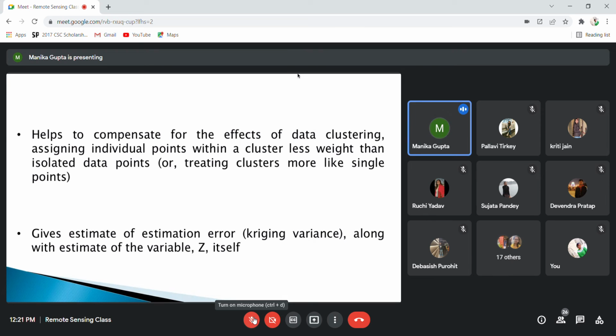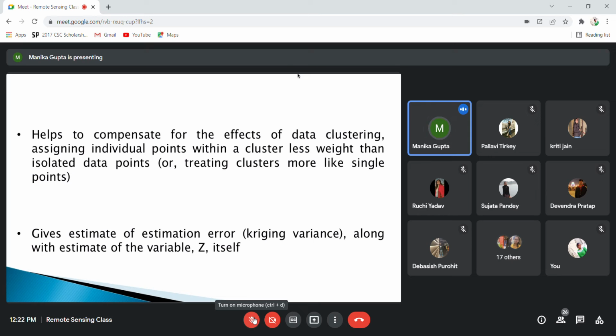Also, when we are talking about IDW or the other methods, we take all the points as individual points. That means if 3 or 4 points are very nearby, they'll still be treated as individual points. But here it can treat them as one single point because they are clustered together, or we might give less weight to the individual points within a cluster.